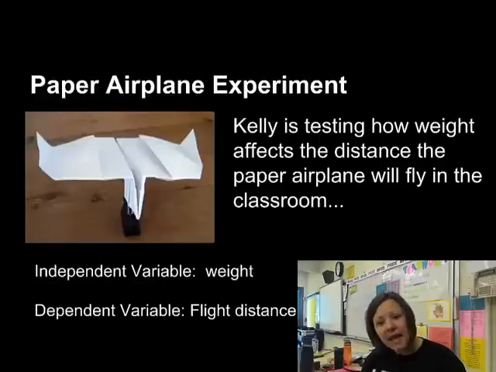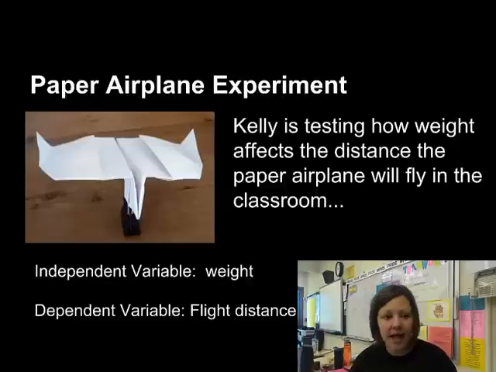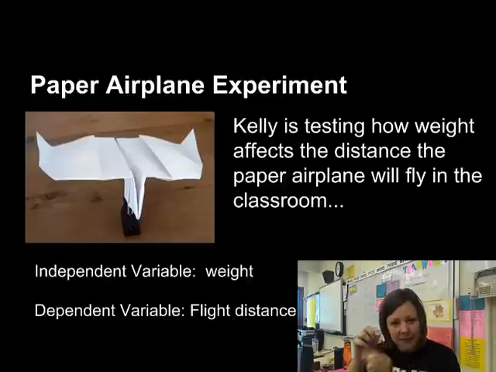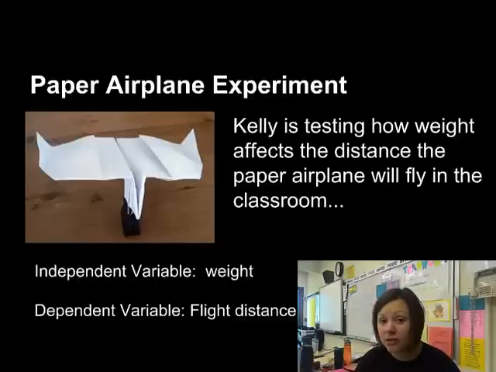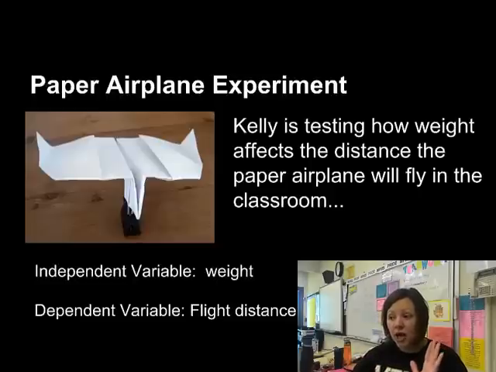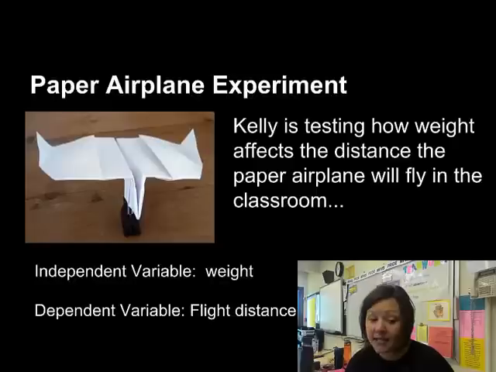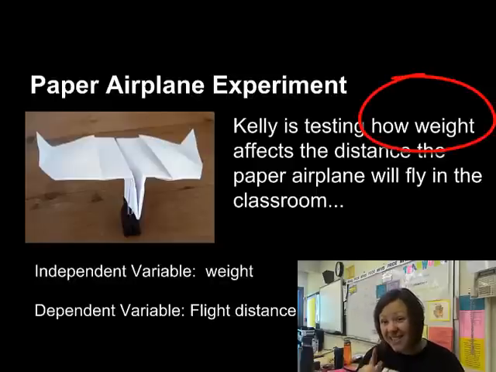So let's say that Kelly is in the classroom and she's working on a paper airplane, and she's wanting to see how the weight of clips would affect the distance that the airplane traveled. She's thinking that if she adds more weight, the airplane won't travel as far. So she decides to conduct an experiment. If you think about it, independent variable, what's the one thing she changes? That's the weight.